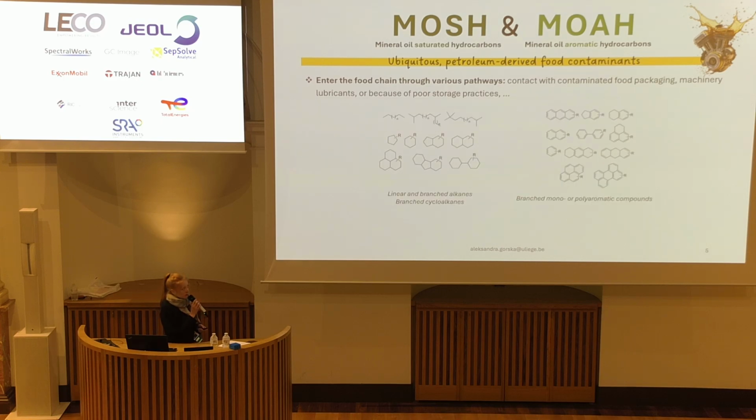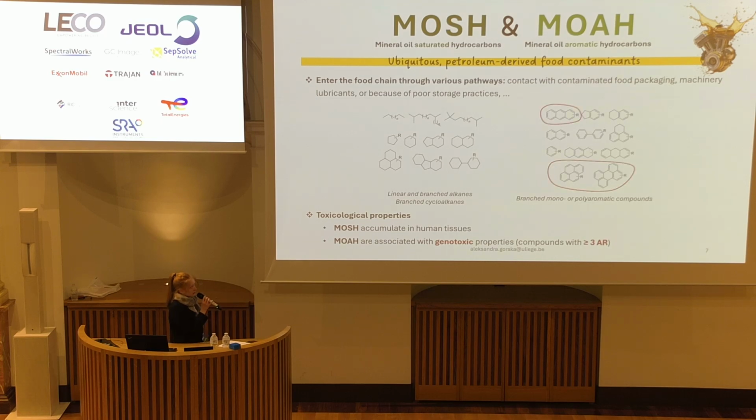So in terms of structure, MOSH consists of linear and branched alkanes and branched cycloalkanes, while MOAH of branched mono and polyaromatic compounds. Toxicologically speaking, MOSH are known to accumulate in human tissues, while MOAH are associated with genotoxicity, and particularly the compounds having 3 aromatic rings or more.